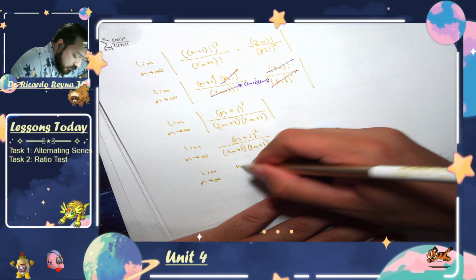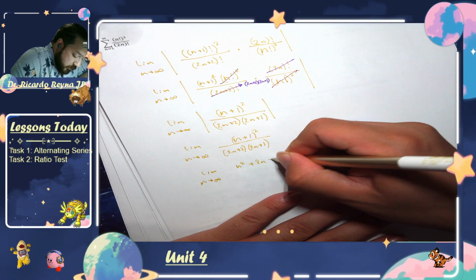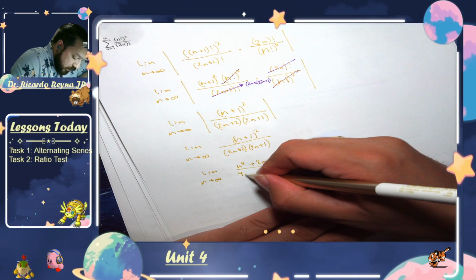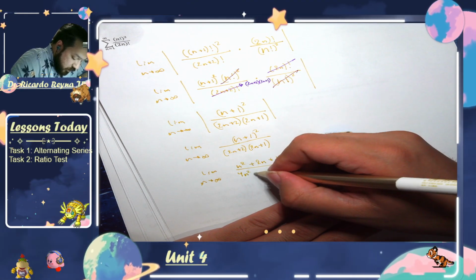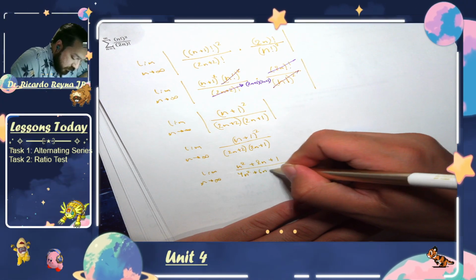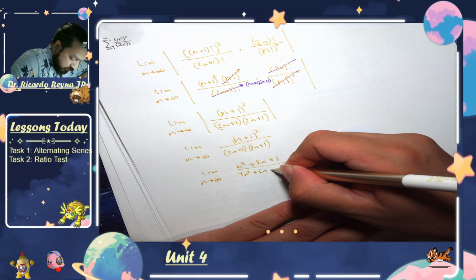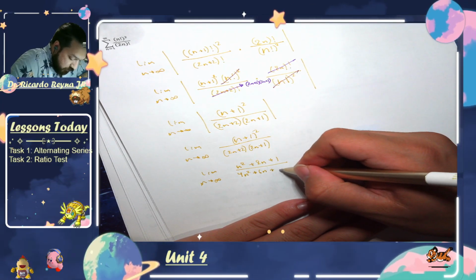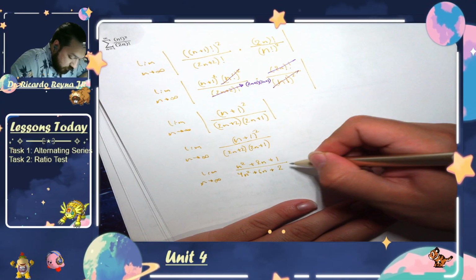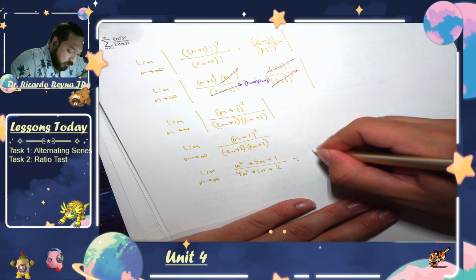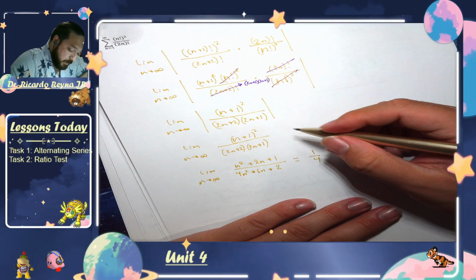So we have n squared plus 2n plus 1 for the top. And for the bottom, we have 4n squared, plus 6n, and plus 2. I'm just checking. So we see here that it's a balanced equation, and the limit would be 1 over 4.